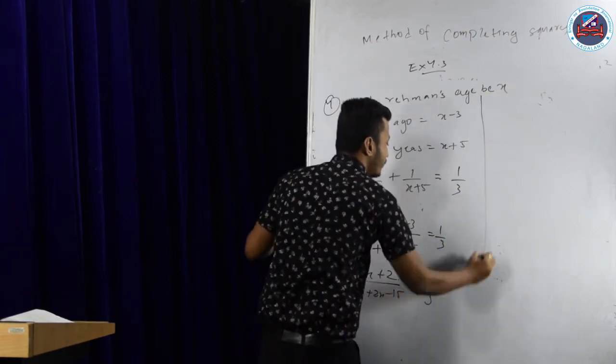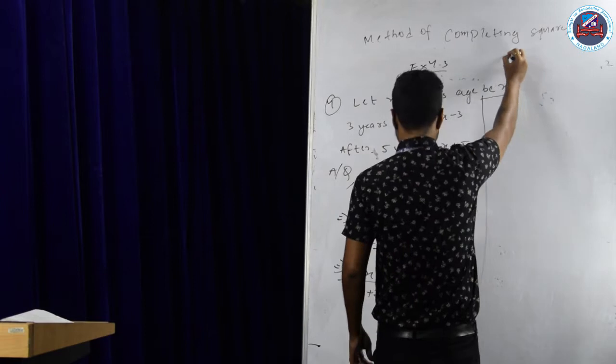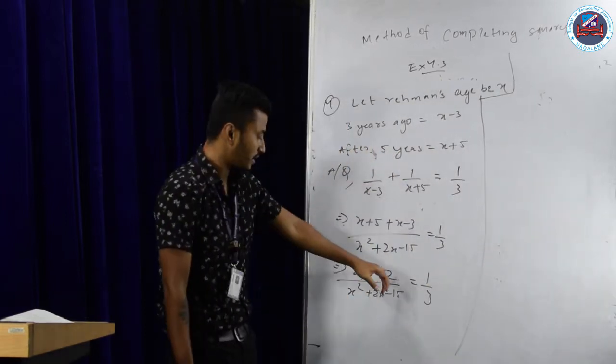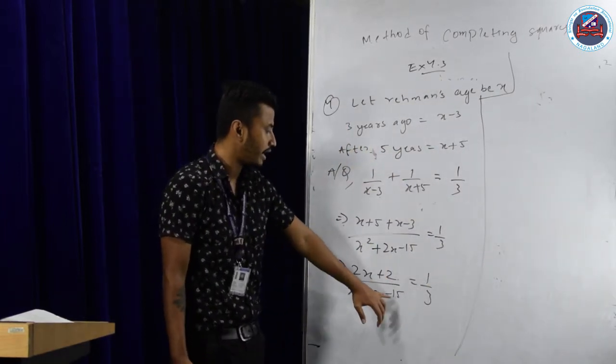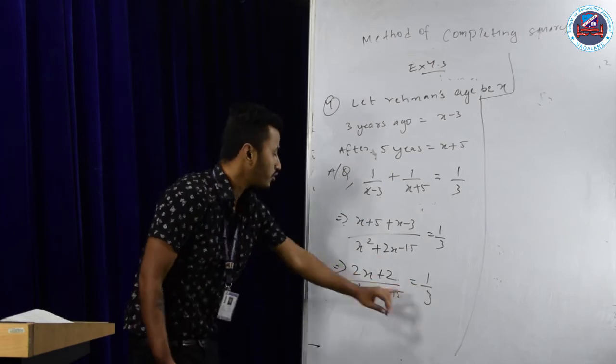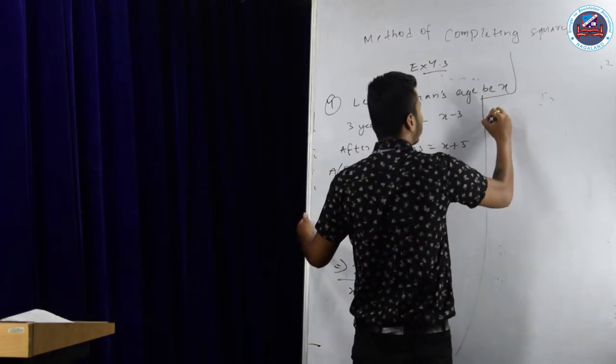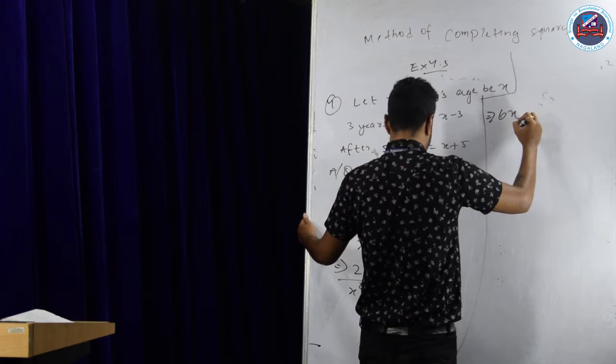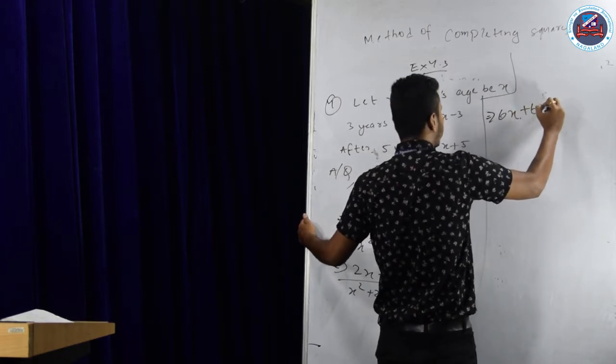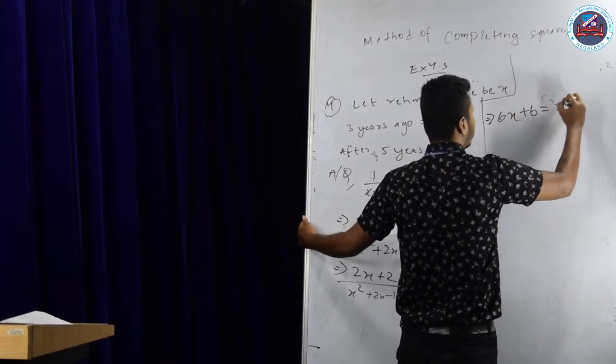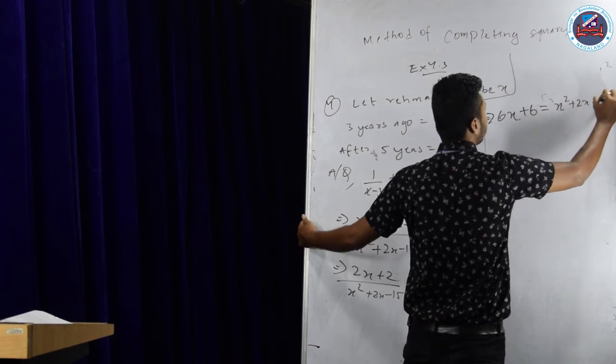The question is not over yet. I'm going to do it on the right part. I got here 2x plus 2 divided by x square plus 2x minus 15 equals 1 by 3. Cross multiply it, I'll get 6x plus 6 equals x square plus 2x minus 15.